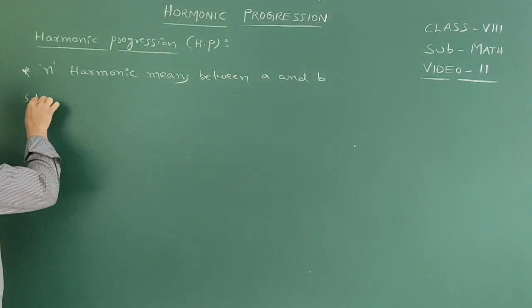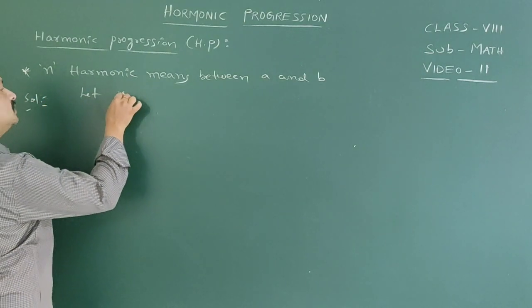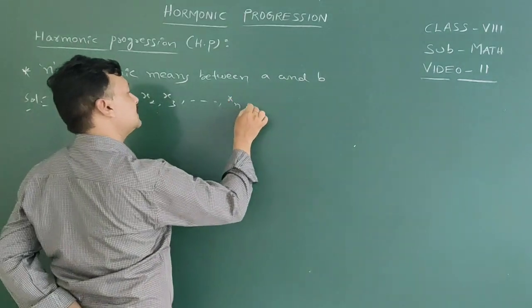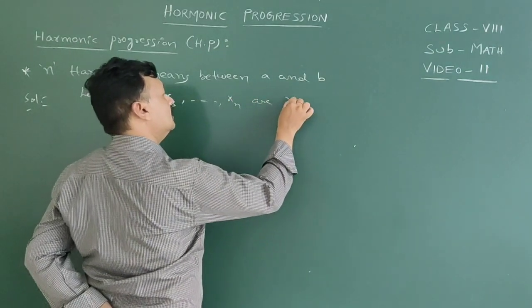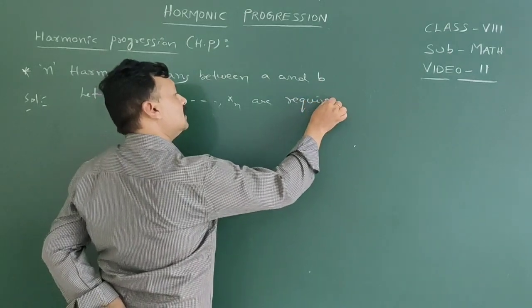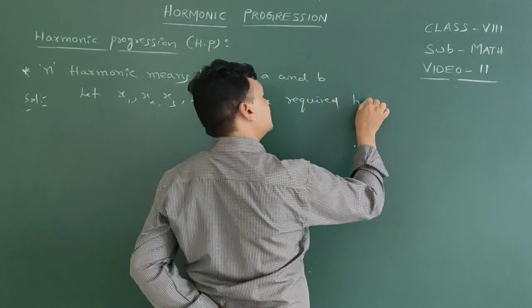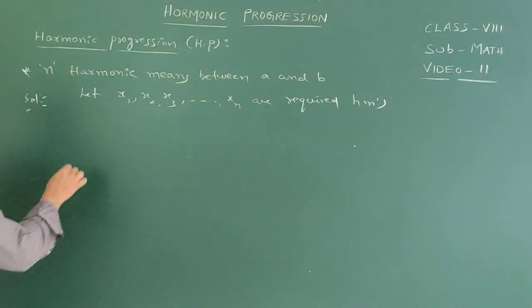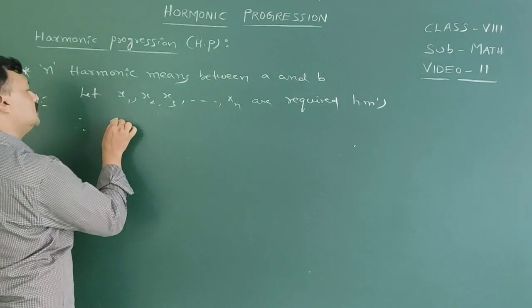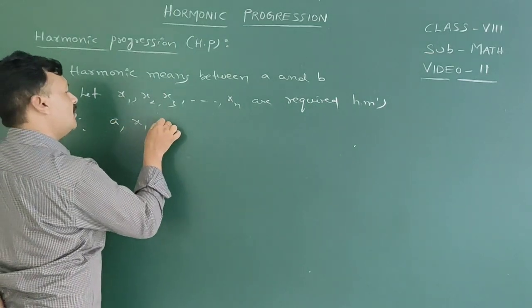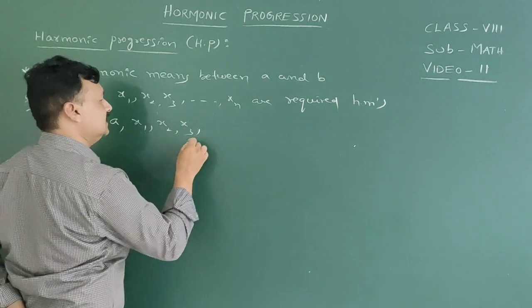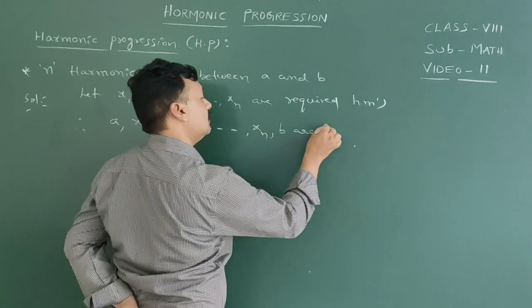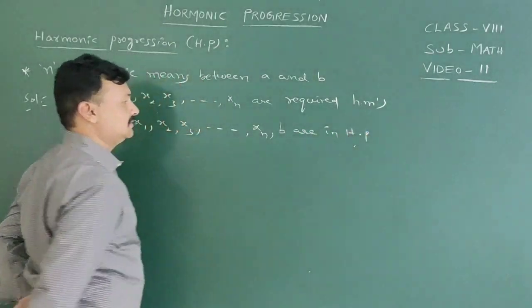Let x1, x2, x3 and so on up to xn be the required harmonic means between A and B. Therefore, A, x1, x2, x3 and so on xn, B are in HP.